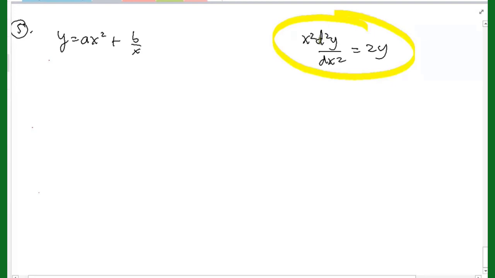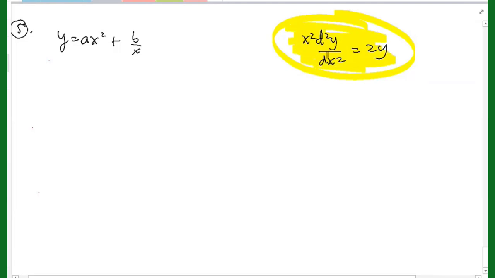Given y is equal to a x squared plus b over x. Our final destination is x squared d squared y over dx squared is equal to 2y. Our aim is to get this one without a, without b.